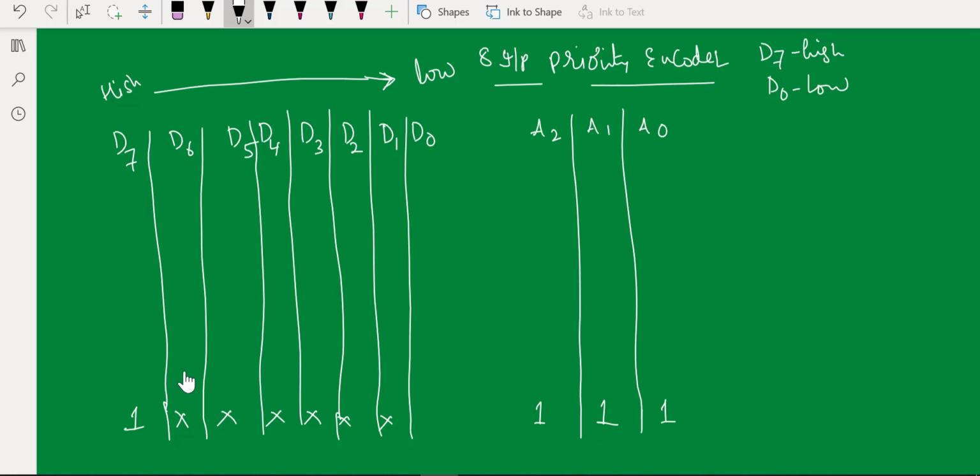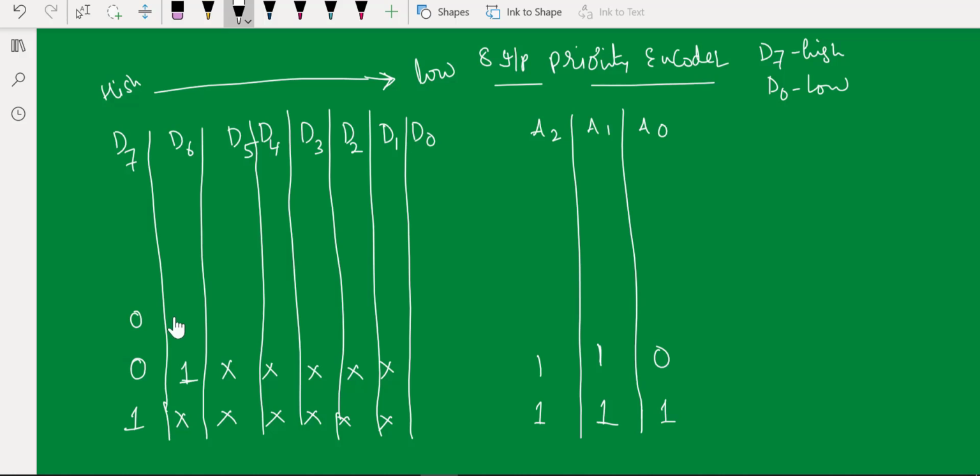Similarly, when D7 is 0, when D7 is not pressed, and D6 is pressed, the next highest priority is D6, so it doesn't have to care about other inputs which are lower than D6. In this case, you are going to get 1, 1, 0.